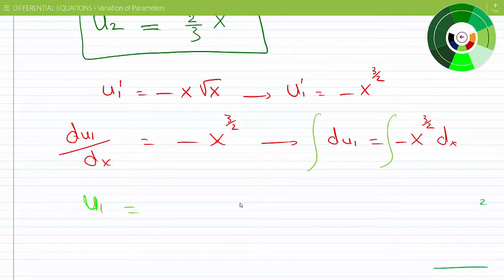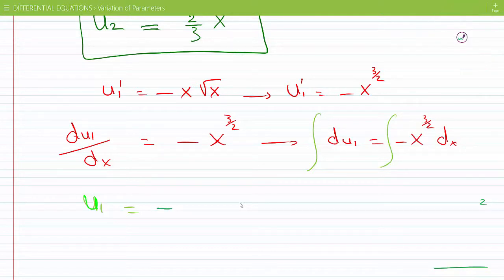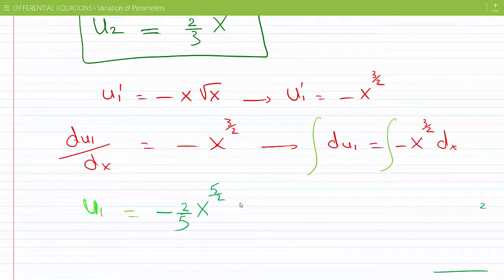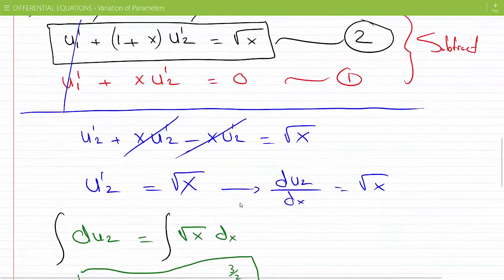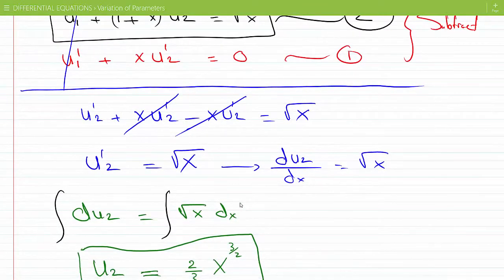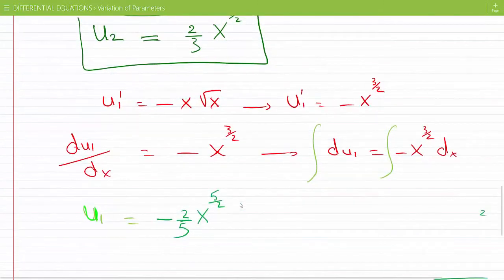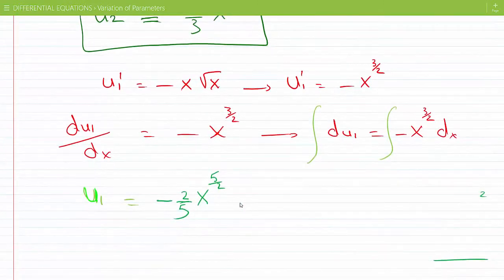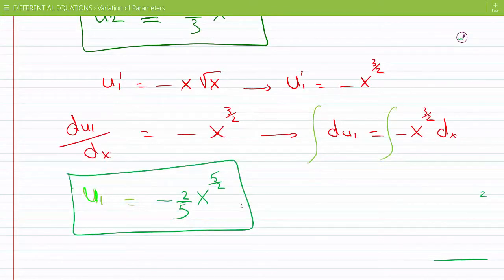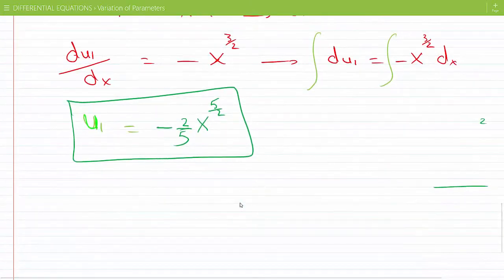Let's do that. u1 equals minus the integral of x to the 3/2, which will be, add 1, you get 5/2 and you multiply by 2/5, right? There we go. So we've got our u1 and we've got our u2.